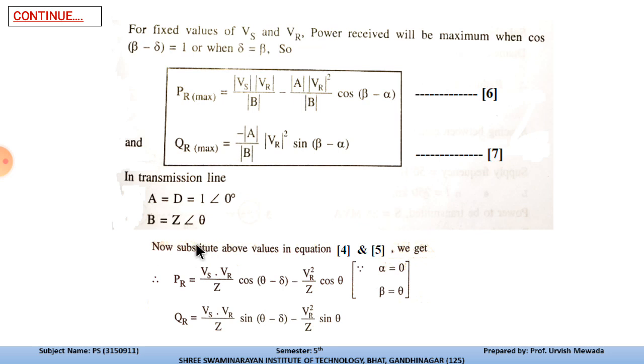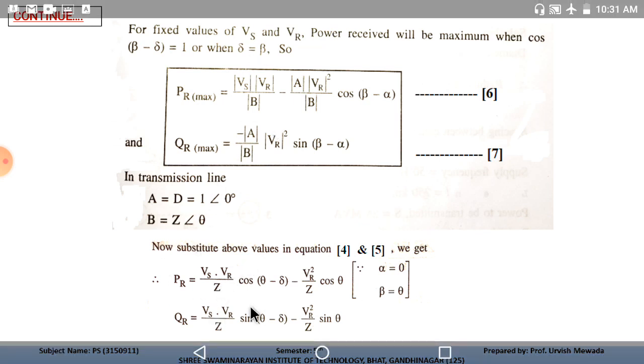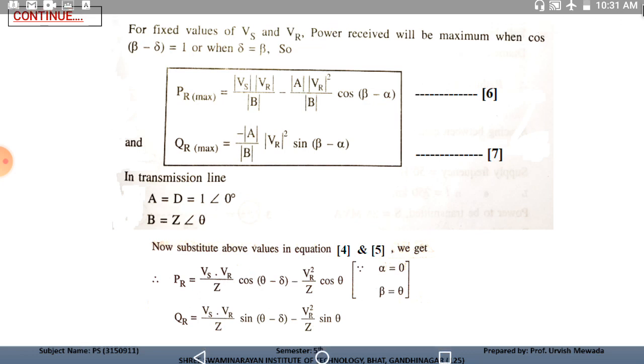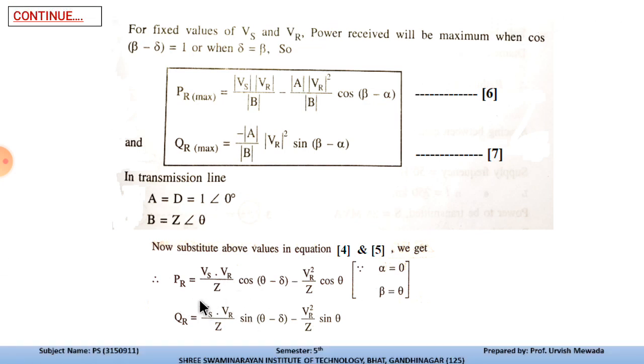Now for the reactive power, derived from this equation, it is Vs into Vr divided by Z. The sine terms are related with the reactive power, so sine of theta minus delta, minus Vr square by Z sine theta.